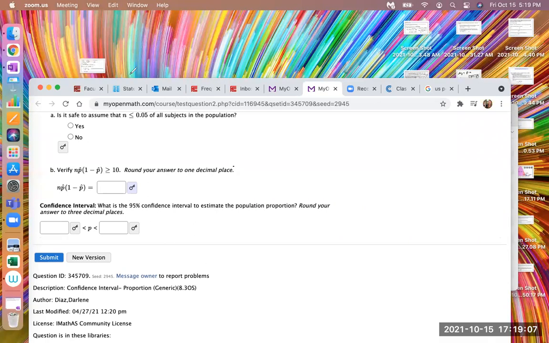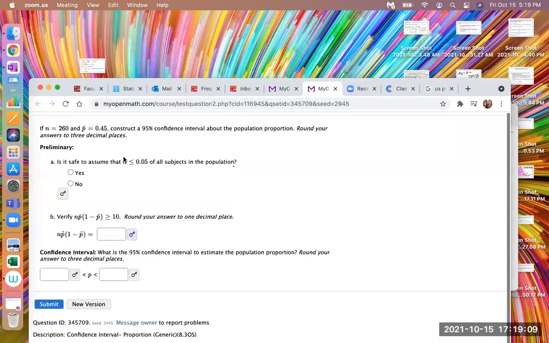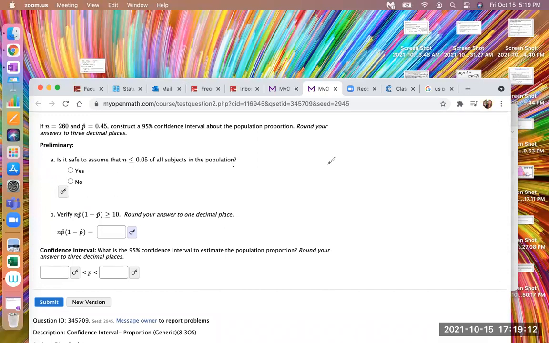I'm not going to use any formulas, I'm just going to find this on the calculator. So n equals 260, p hat is equal to 0.45, and the confidence level, CL, is equal to 0.95. I have that ready for when I put this into the calculator to find the confidence interval.